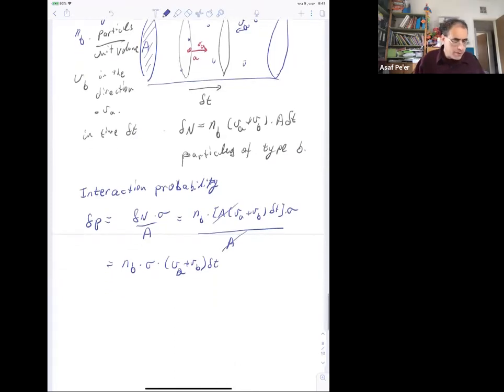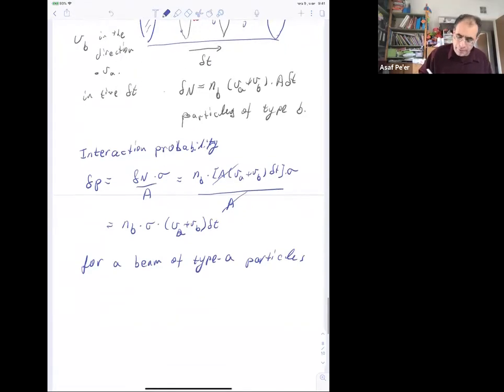If we have a beam of type A particles, there's a number density NA, which are all confined to this volume V.